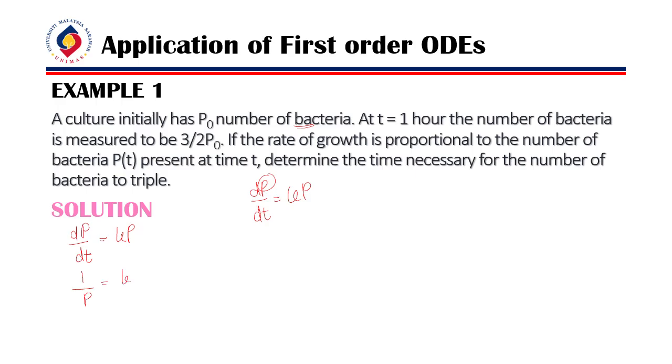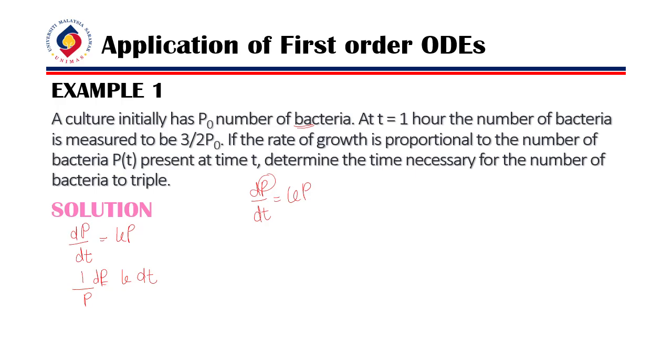The constant will remain on the right hand side. The left hand side is the P variable, while the right hand side is the t variable.